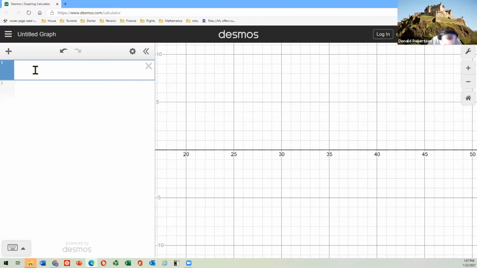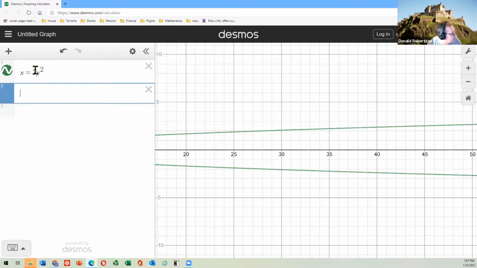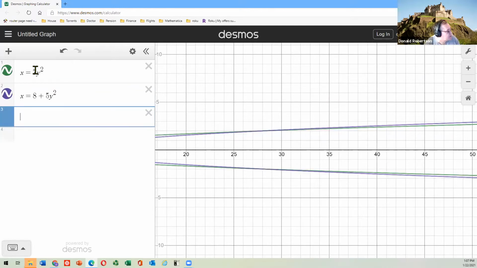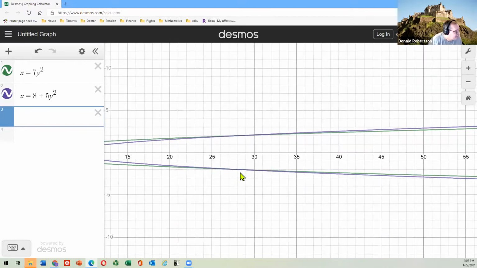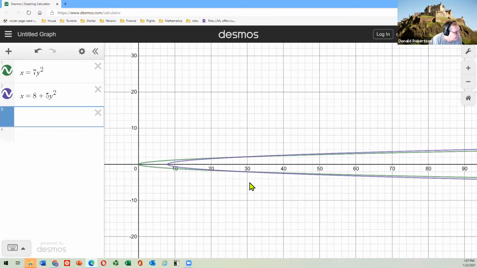Now it's going to be x equals 7y squared, so I'm just going to do it this way. Hit enter. And then I'm going to do x equals 8 plus 5y squared, which is that. If I shrink it back by just using my mouse scroller, it is not at all clear because at this end especially, things compact together a lot.